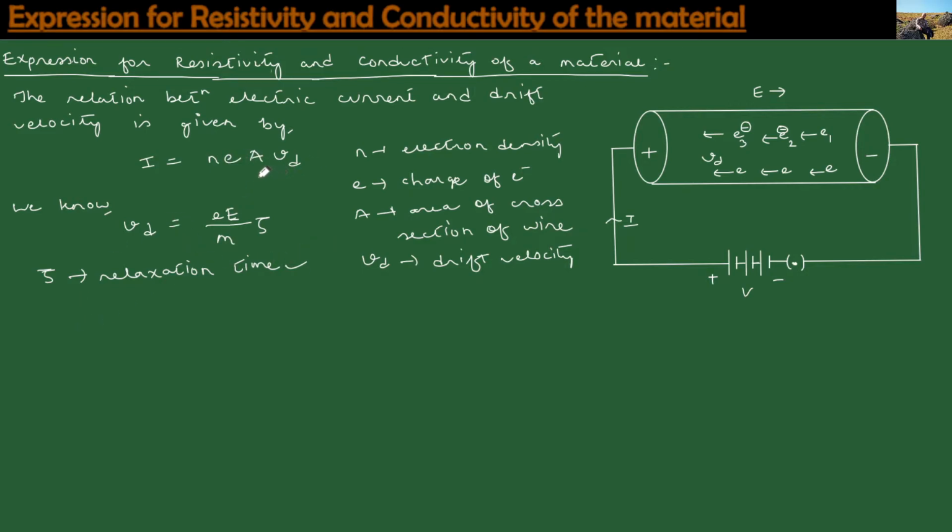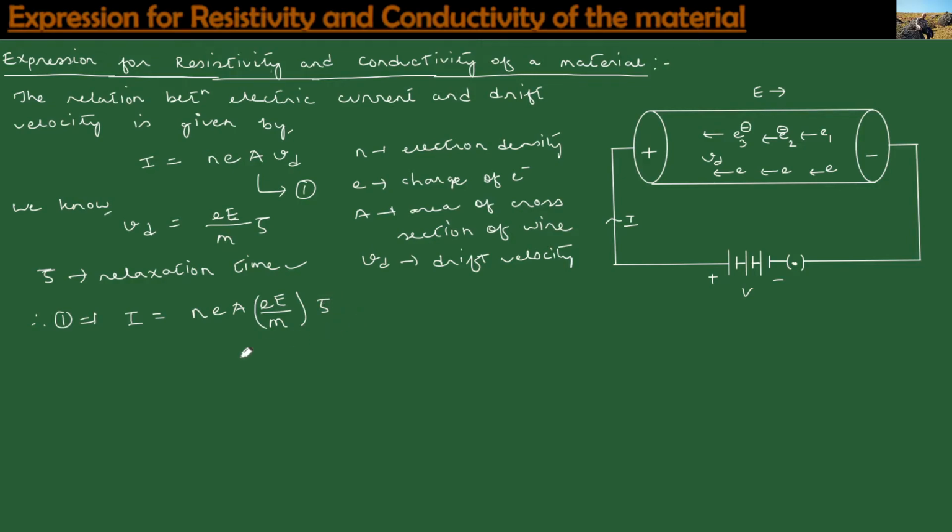When we substitute into this equation, the current I equals n e A, and then we substitute that relation, we get E e divided by m into tau.